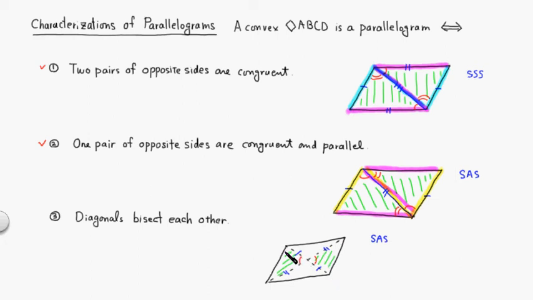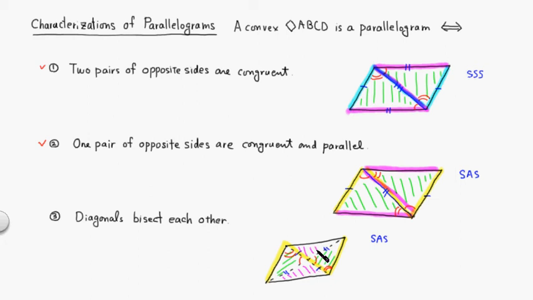Then we can say this corresponds to that. So, using the Z property right here, we establish that these are parallel to each other. And the same kind of deal, you can establish the congruence between these two triangles.